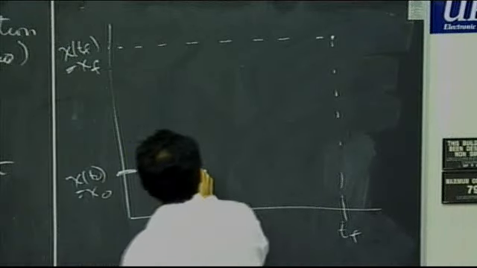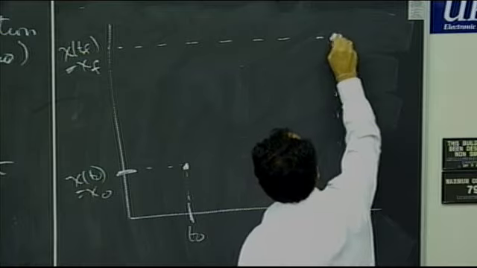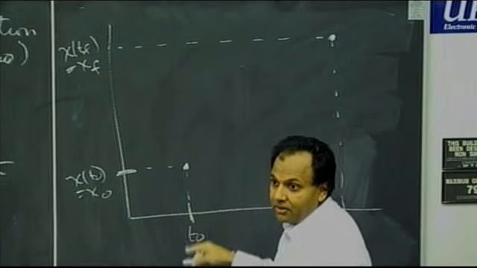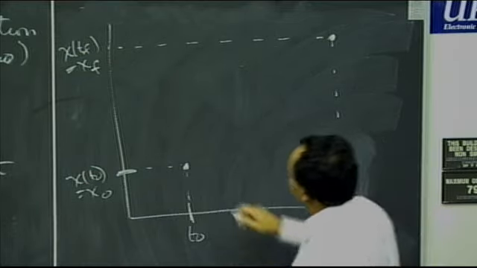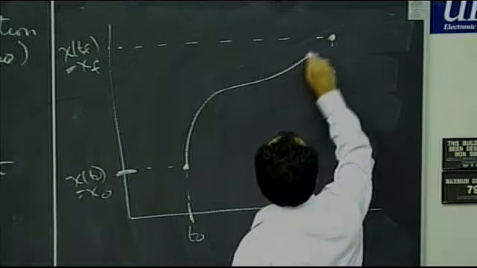These values are known and they're fixed. t0 is fixed, I can't change it. x at t0 is fixed, I can't change it. Same thing is true at tf. There's a function that takes me from here to there.